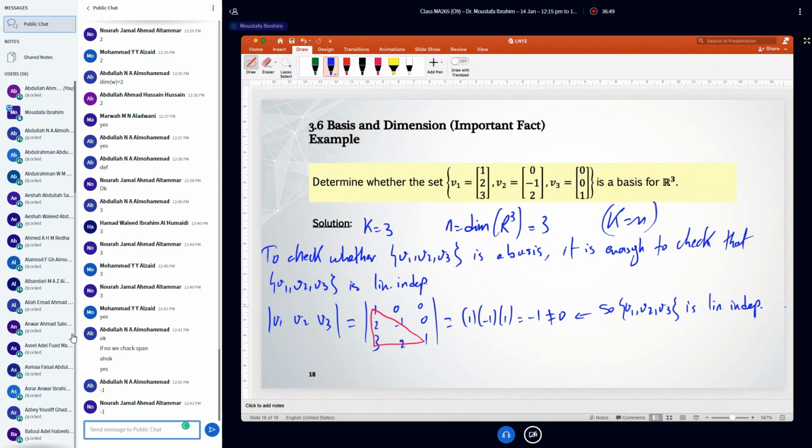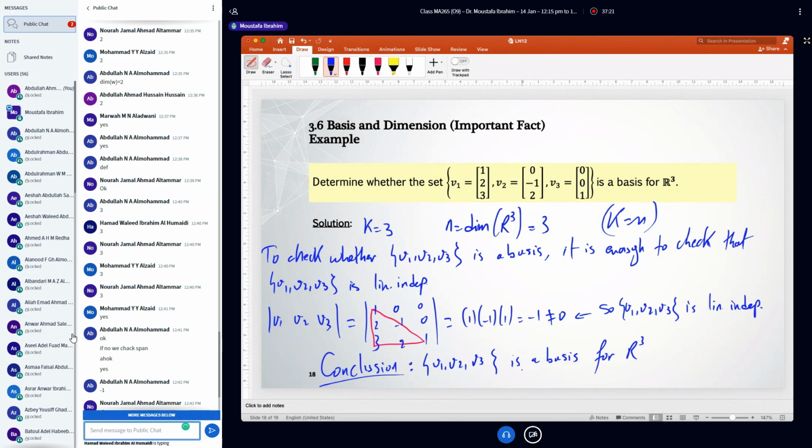Correct? And conclusion: no need for span. V1, V2, V3 is a basis for R3. Look, if we get the determinant equal to 0 for 3 vectors, directly it's linearly dependent, meaning it's not a basis. Okay? Because they are equivalent. And you see here the dimension is 3, which is correct.